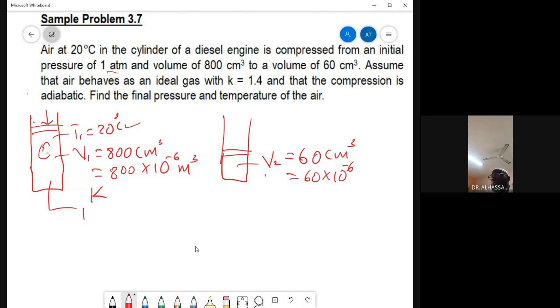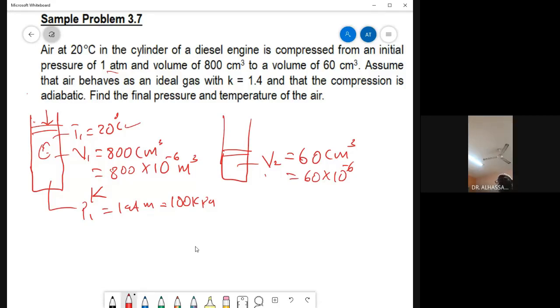Yes, so it means P1, 1 atm, equals 100 kPa. And then the initial volume is given, and then the final volume. I assume that the air behaves as an ideal gas with K equals 1.4, and that the compression is adiabatic.